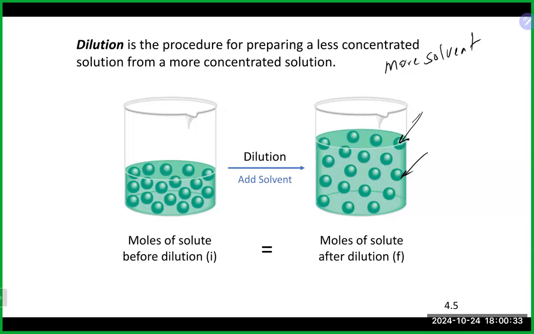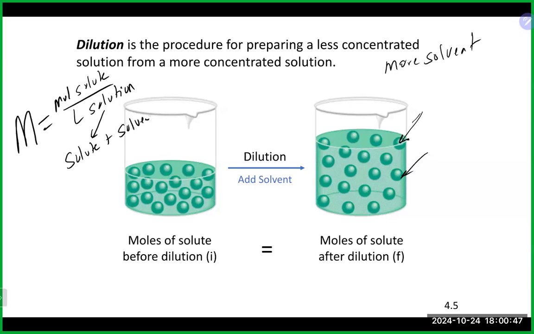So what happens is when you do a dilution, because molarity is moles of solute divided by liters of solution, and as we talked about earlier, solution is both the solute plus the solvent, the only thing that you're technically adding is you're increasing the bottom number there, the liters of solution, which means the bottom number gets larger.